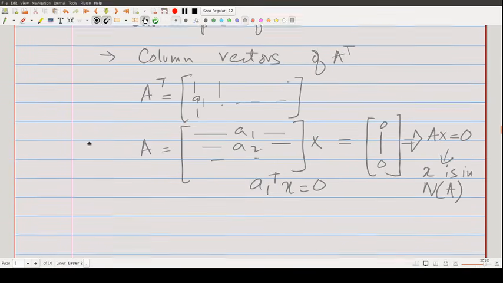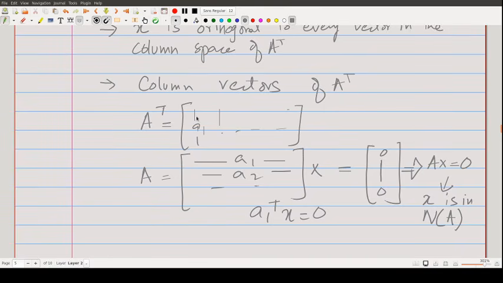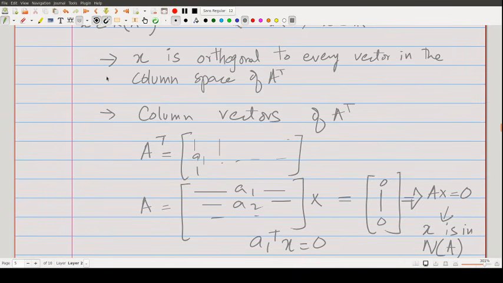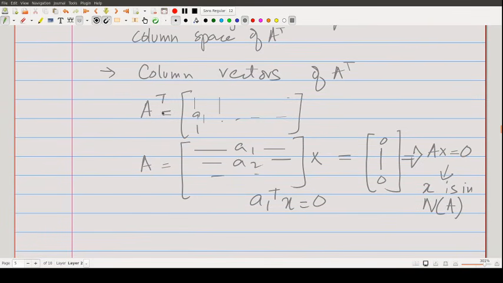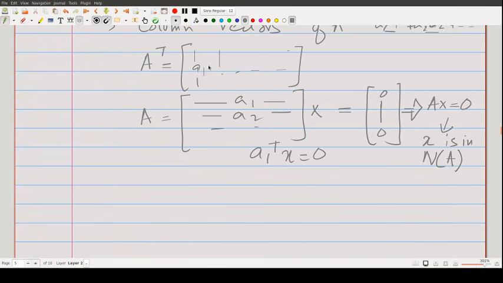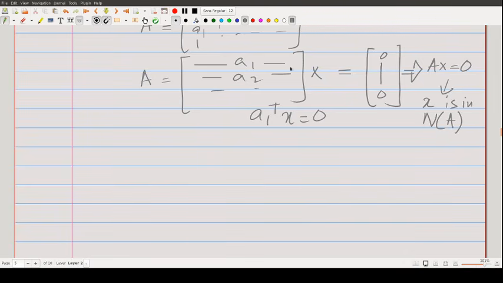So this is how we view it. Again, let me repeat. We were viewing this as columns, and we were saying that X was orthogonal to every vector in the column space of A transpose. And the column space of A transpose is nothing but any vector written as a linear combination, let's suppose, alpha 1 A1 plus alpha 2 A2, and so on. If X is orthogonal to every column vector, then it's orthogonal to this, and so it's going to be orthogonal to every row of A. And so this matrix-vector product will also give me a 0.